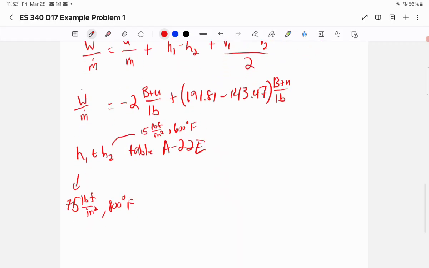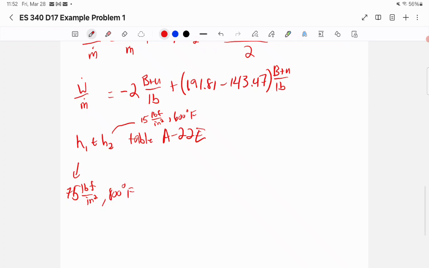So we want BTUs. The first thing is that we need to get this in terms of pound force, and then the second thing is that we need to get it in terms of BTU.